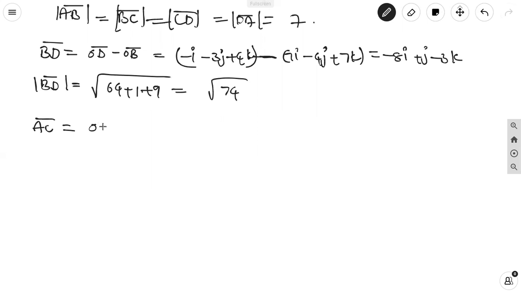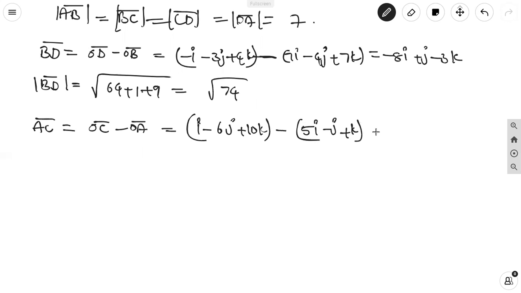Next to find out the AC line. That is the AC vector, which means OC vector minus OA vector. OC is i minus 6j plus 10k, minus OA, which is 5i minus j plus k.